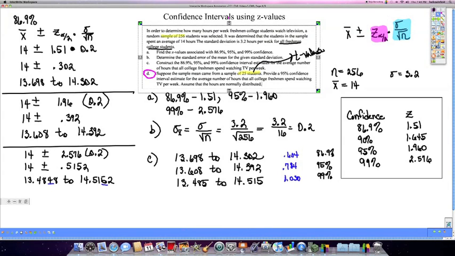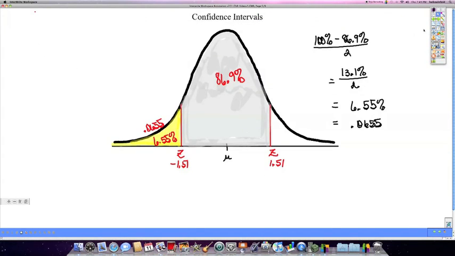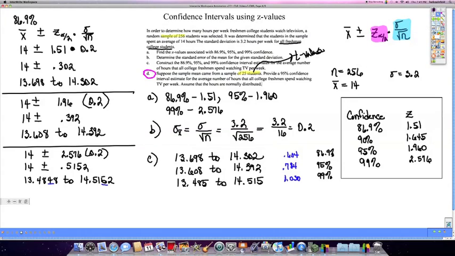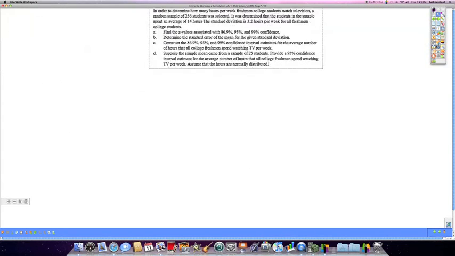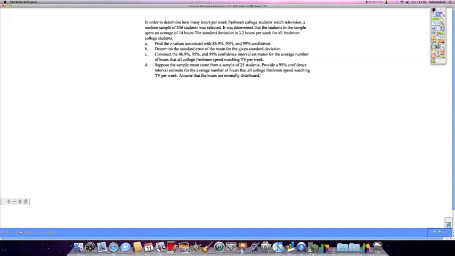I think we'll copy this. And we're just looking at, as I mentioned, part D. So for a 95% confidence interval when n is equal to 25.